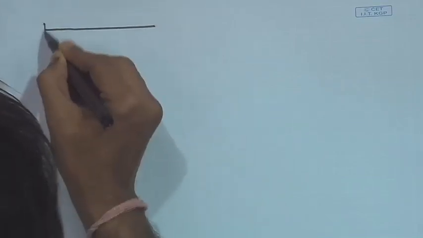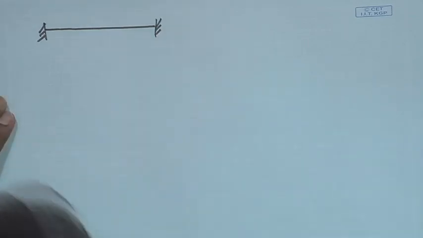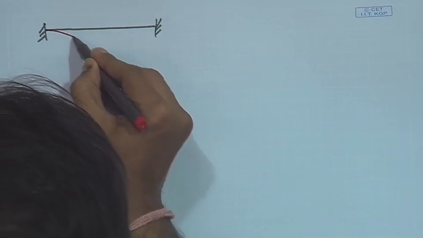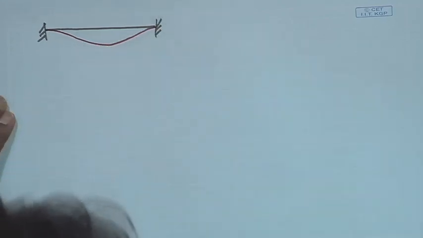Now first example is a fixed beam. A fixed beam means both ends are fixed, and the beam may undergo deformation like this for any arbitrary loading.